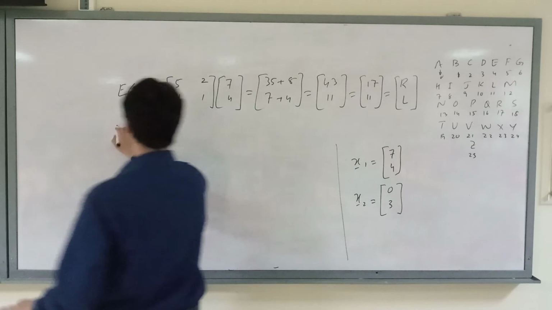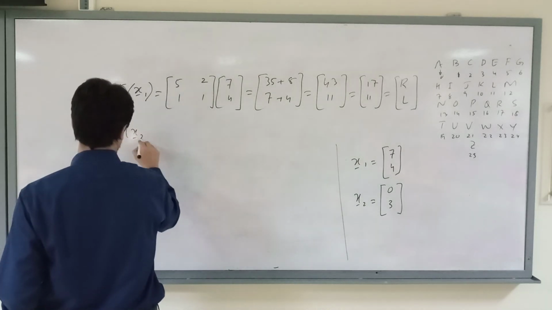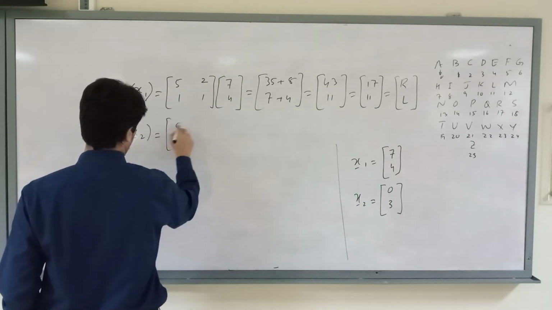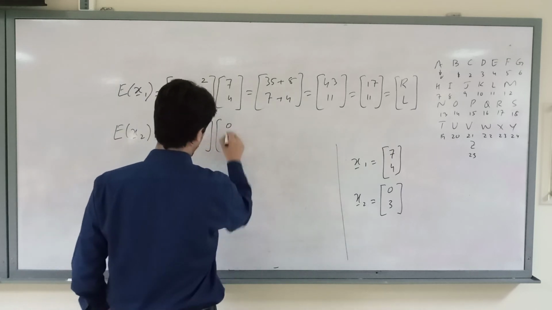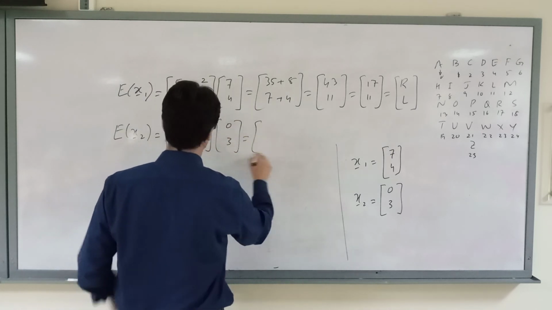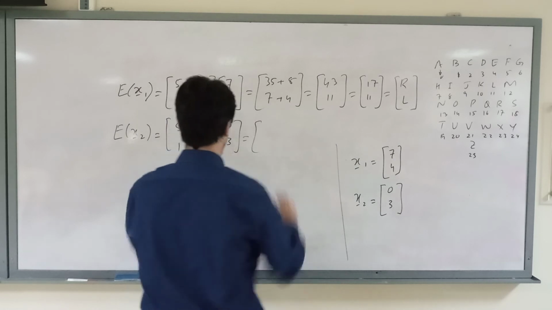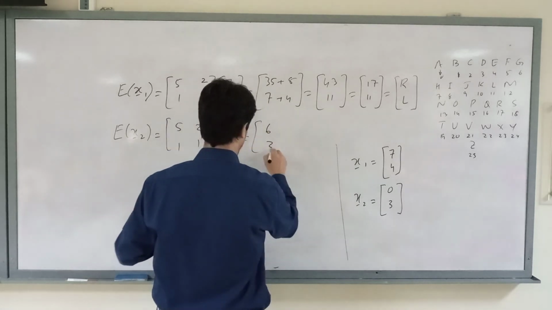So if I take x2, that is 5 2 1 1 times 0 and 3, you will get 6 and 3.